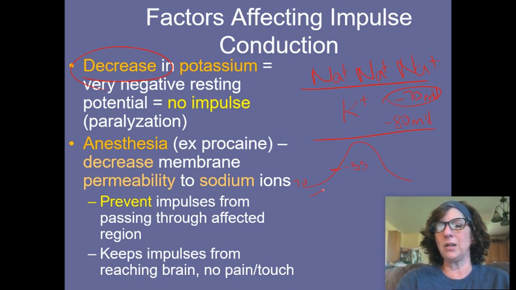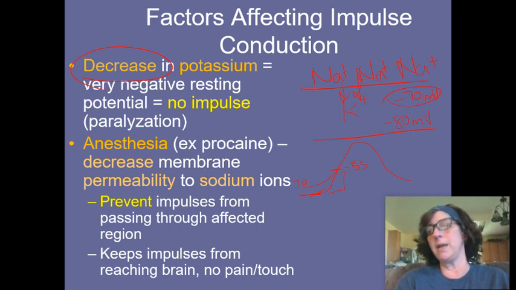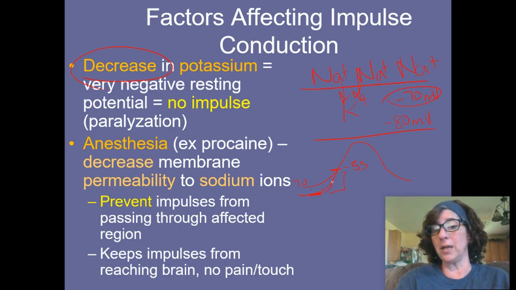Well, if I start out lower down here at negative 80, negative 90, I'm going to have to travel more. I'm going to have more sodium flow in than would normally flow in to even reach threshold, and I may never get there. So what you end up with is the right amount of sodium flowing in, and I just get to this point and I never get to threshold.